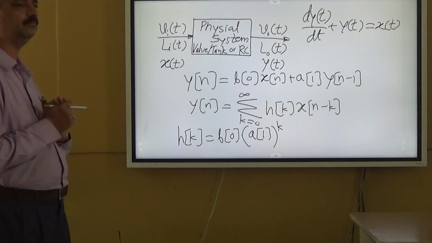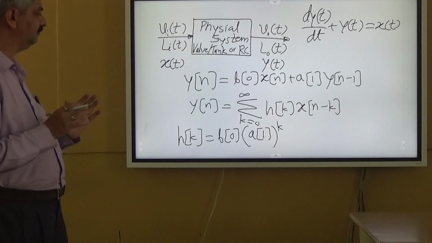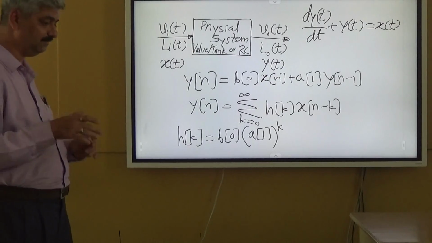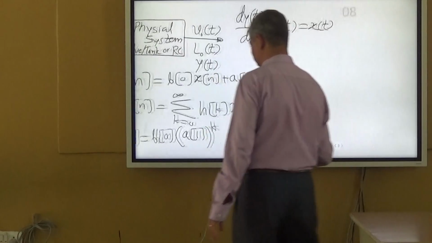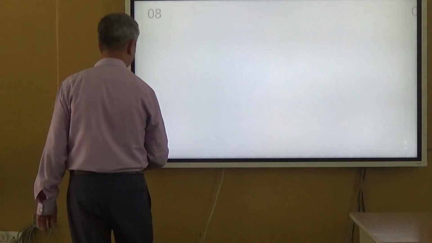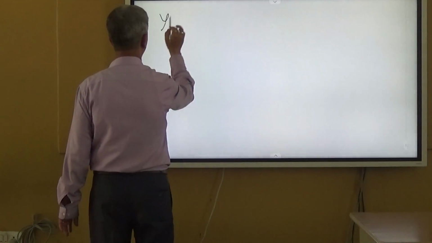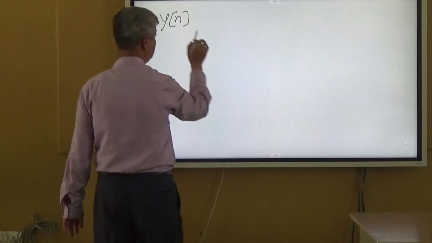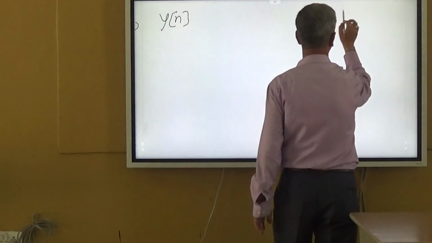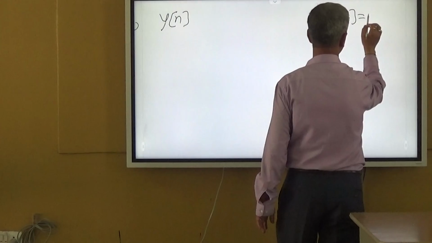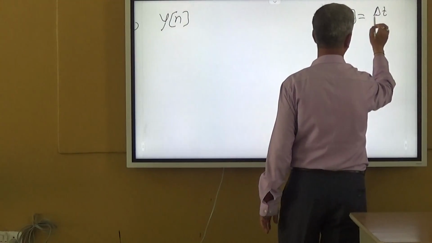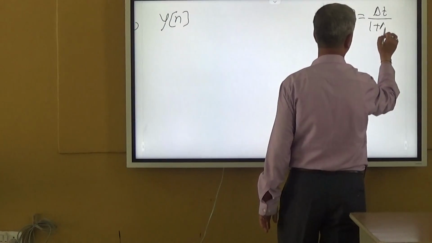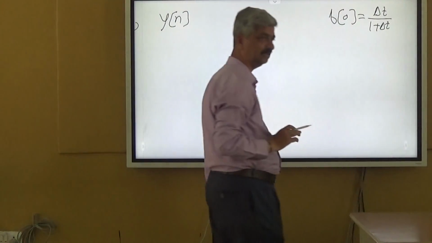So, it's very interesting to note down. Why? What is b0? It is delta t upon 1 plus delta t.